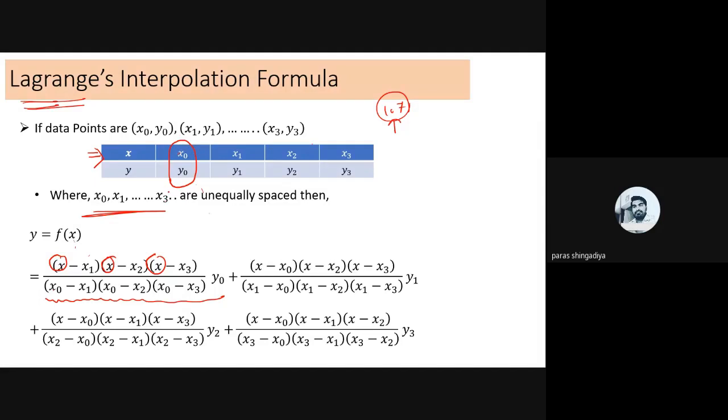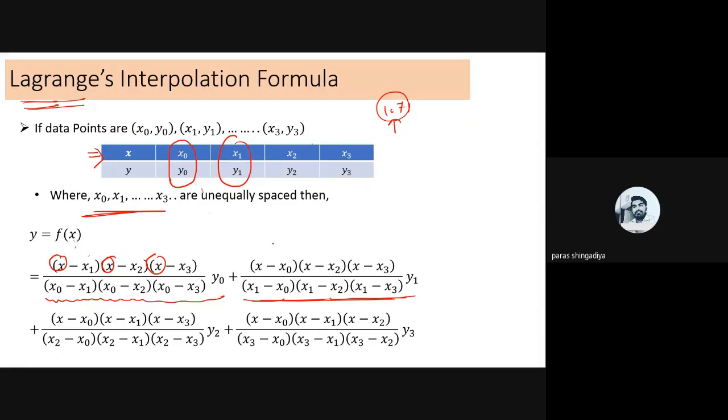Now the second step, for x1, y1. We have to define the formula for x1, y1. So in this second term, where x1, y1 is the data, in the numerator we'll skip x1 and subtract the remaining three values, x0, x2, and x3, from x.